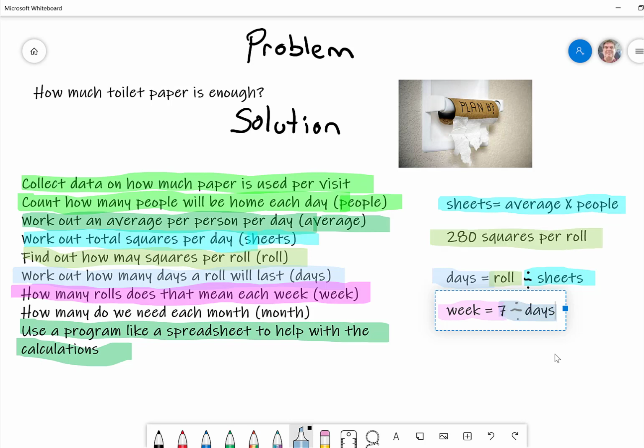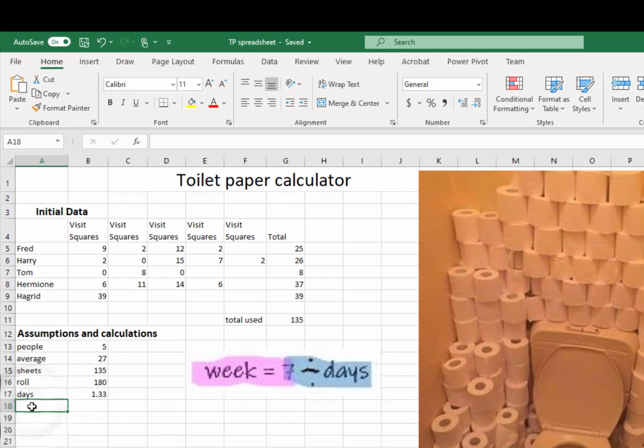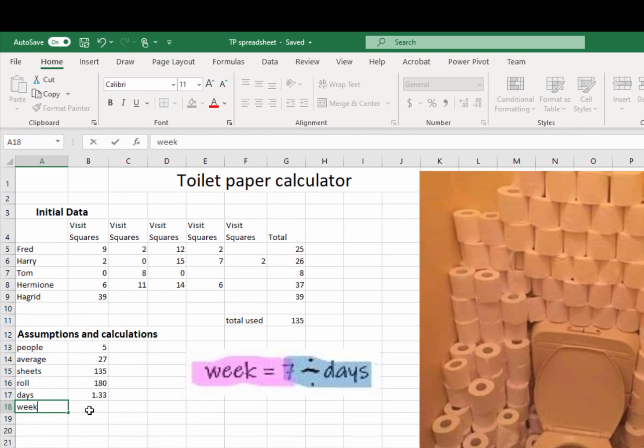So looking at the spreadsheet, the week is going to equal 7 divided by how many days a roll lasts. So I'll put in my 7 divided by days. Press the tick, and I get 5.25, which means that in a week I need 5.25 rolls of toilet paper.